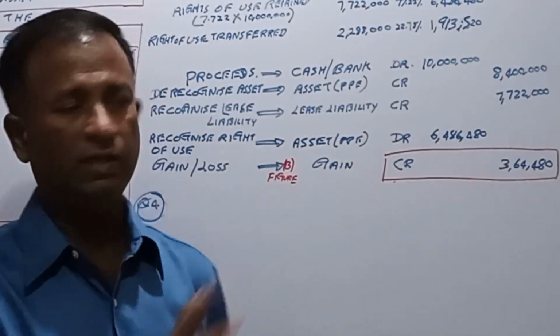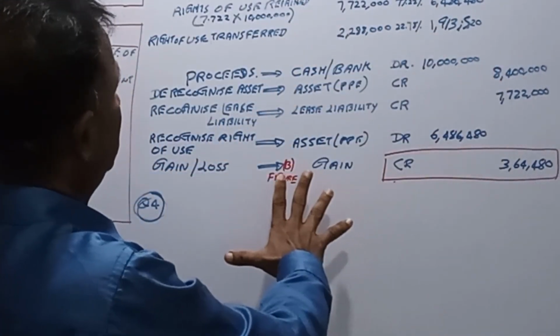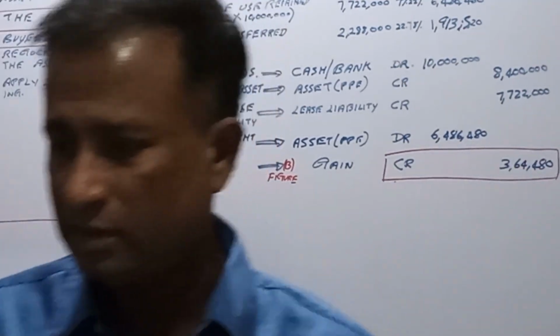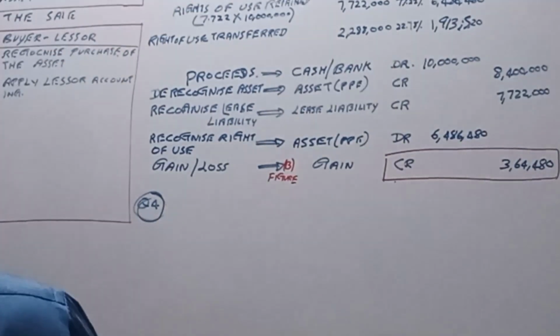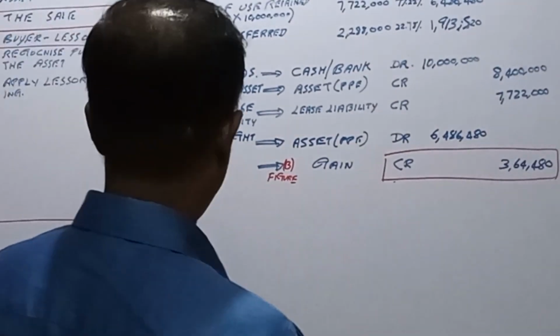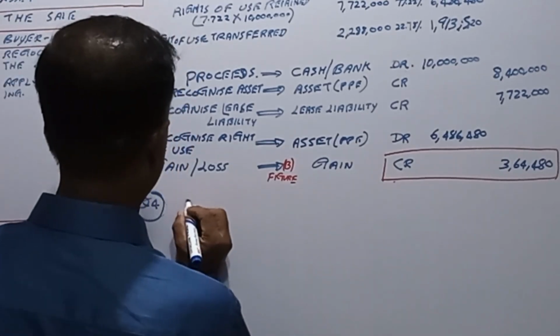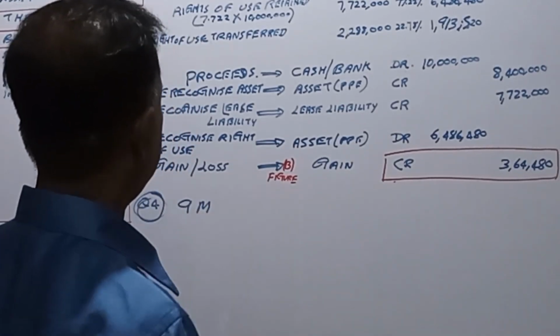What they are asking is: advise A on how to account for the sale and leaseback in its financial statements if the performance obligations are satisfied and the building is sold for the following: A for 9 million, B for 11 million. We have to do the accounts for 9 million.